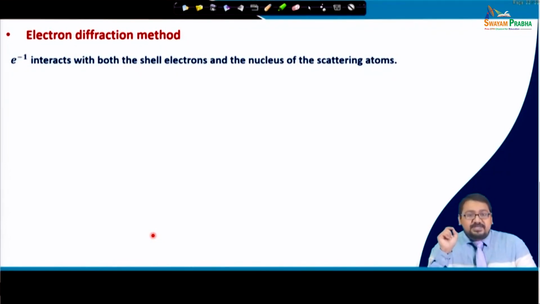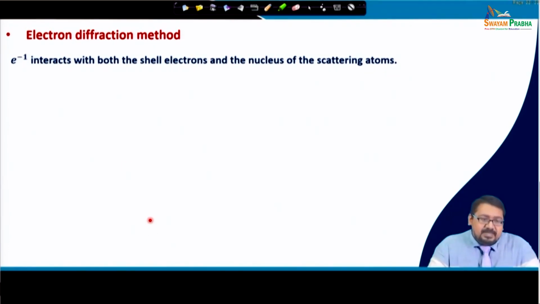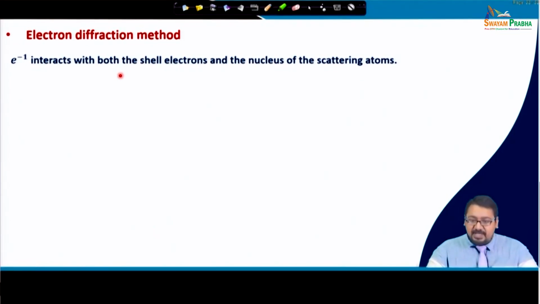Electron diffraction methods are used to obtain local texture, which we have concluded up to now. But if we look deeper, electrons interact with both the shell electrons and the nucleus. They have a charge, and therefore they scatter from the atoms.